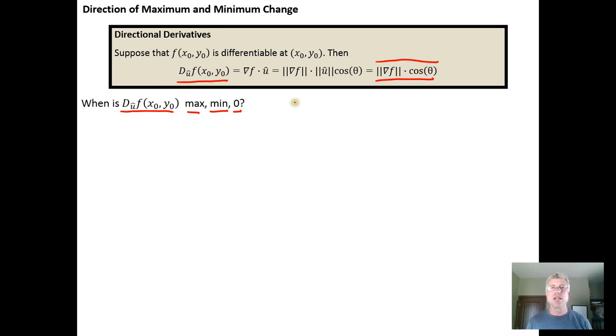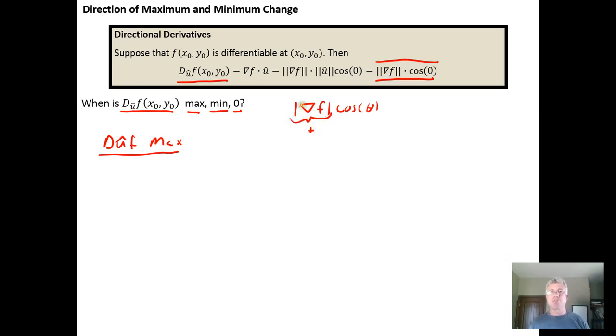So in this case, we know that the directional derivative of f can be found by taking the gradient of f and multiplying it by the cosine of the angle formed by the gradient and u hat. So I can say, when will this be max? When will the directional derivative in the direction of u be max? Well, the size of the gradient vector is always positive.